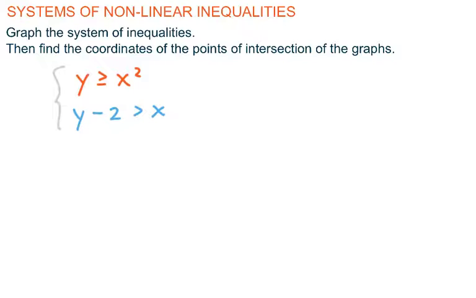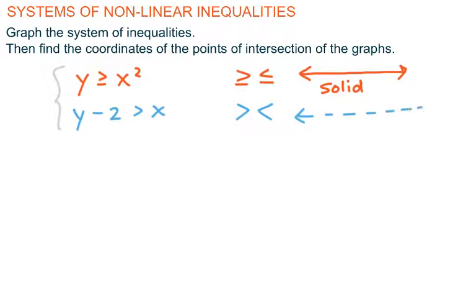One thing is that if our inequality symbol is greater than or equal to, as well as less than or equal to, when we graph that, we need to make sure that we have a solid line. Also, if we have just greater than or just less than, we will graph that with a dashed or dotted line.